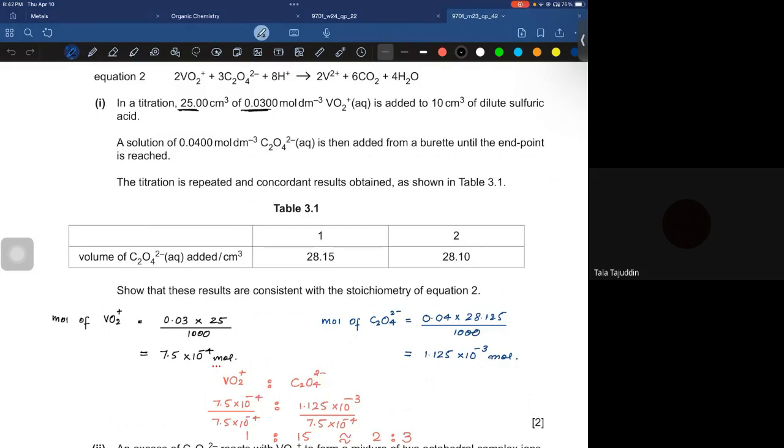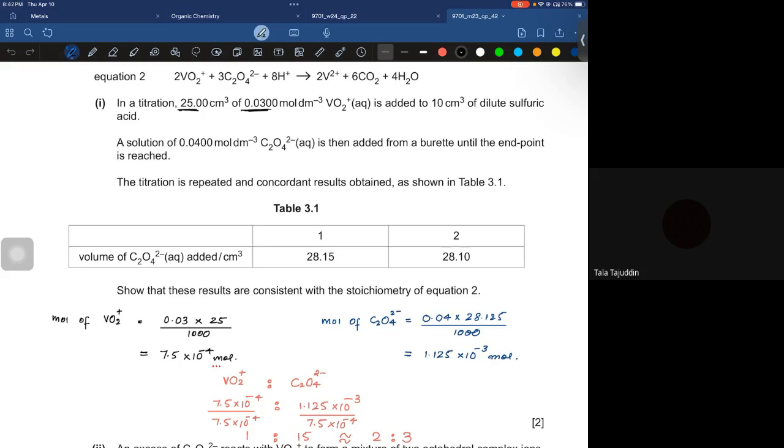They are saying show that these results are consistent with the stoichiometry, as shown in table 3.1. According to the equation, the mole ratio between VO2+ and C2O4 2- is 2 is to 3. 2 is to 3 means that it's 1 is to 1.5.